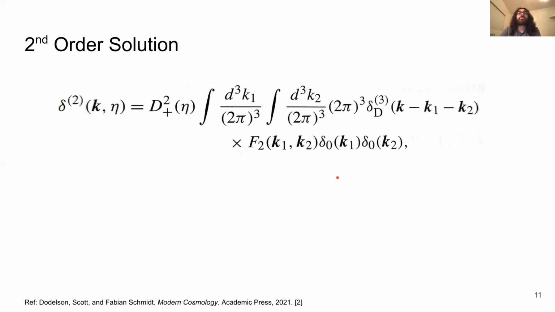So we have 2 first order solutions here, both evaluated at different k's. We multiply it by this F2 polynomial, and then we integrate the whole thing over these k spaces, k1 and k2.